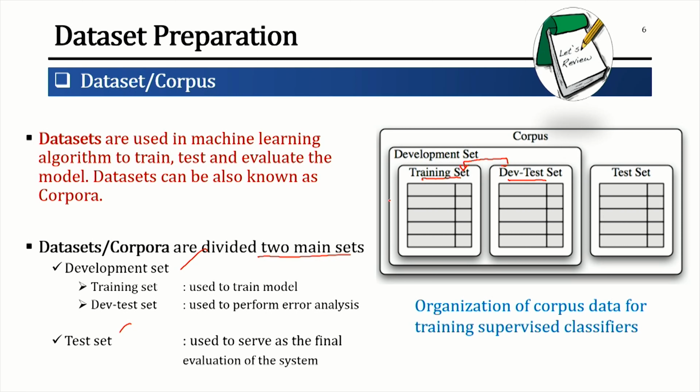In the case of supervised classification, we have the input and the correct label. When we train our model, we can evaluate first using these datasets. If it seems okay, next we will have the final evaluation using another test set. The way we divide our data corpus is based on our scenarios.